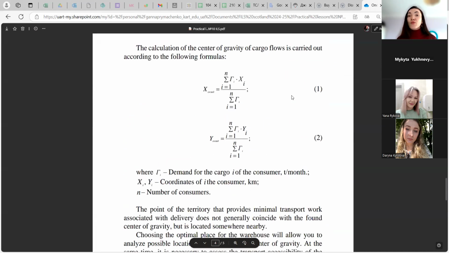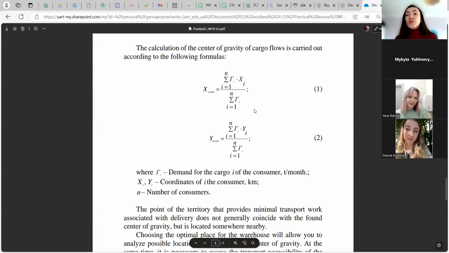Our first formula. Now you can write on your paper or in your document X. Since we use a warehouse, you can use W, for example XW, or use something else. For example, if it is a distribution center, you can use GC, whatever you prefer.